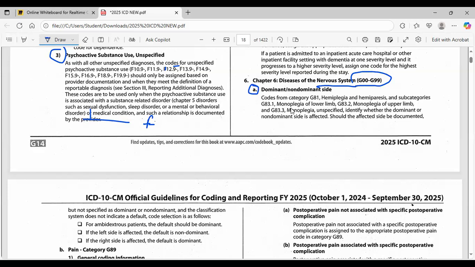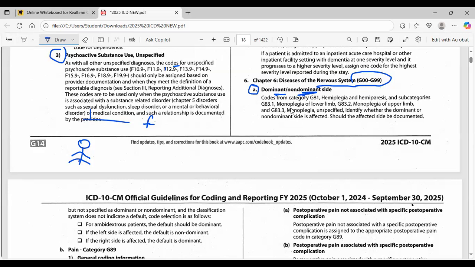Our first topic is dominant and non-dominant side. In this chapter we have codes for monoplegia, hemiplegia, and paralysis, and these codes are divided based on the dominant as well as the non-dominant side.